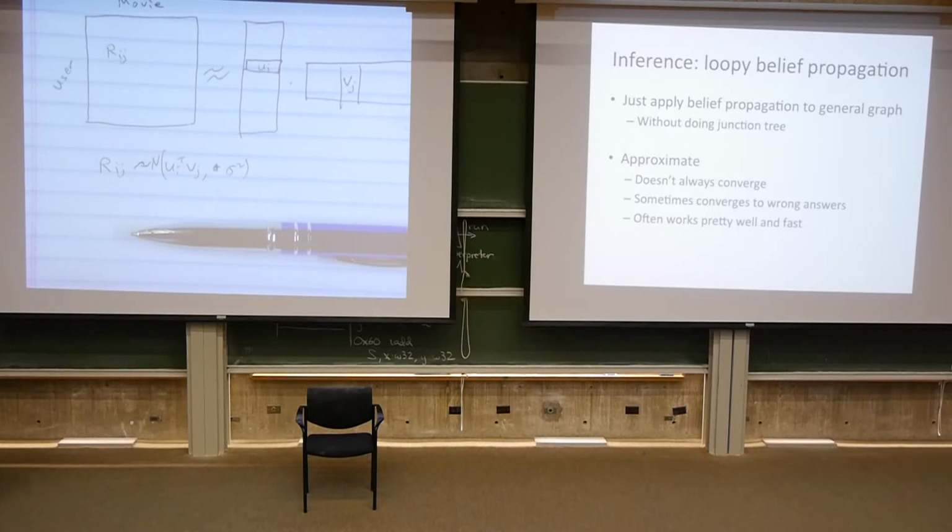Okay, so what is loopy belief propagation? We've covered belief propagation in class, but we said it only works on basically trees. So what loopy belief propagation is, you just ignore the fact that it only works on trees and you just do it, and you iterate. A lot of the time it'll converge to the right answer fairly quickly in many situations, but people don't really understand yet exactly what those situations are.